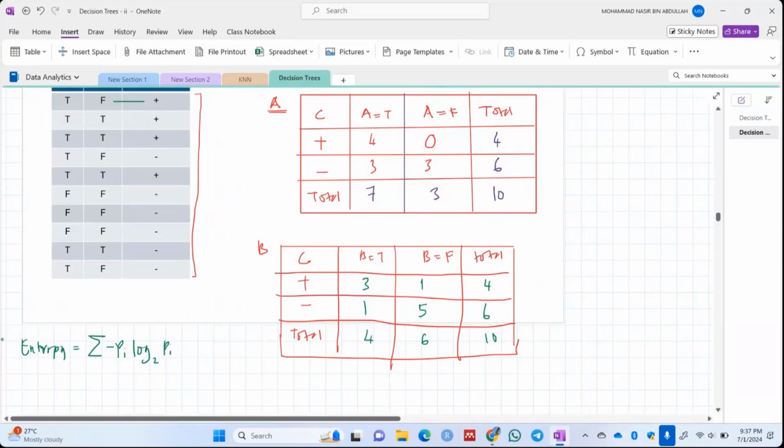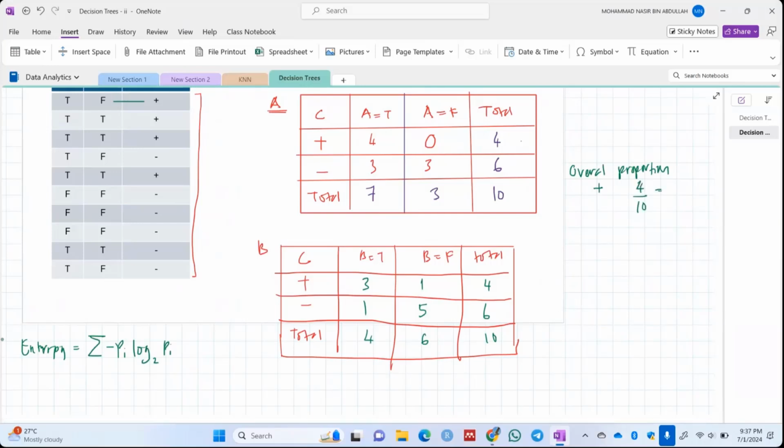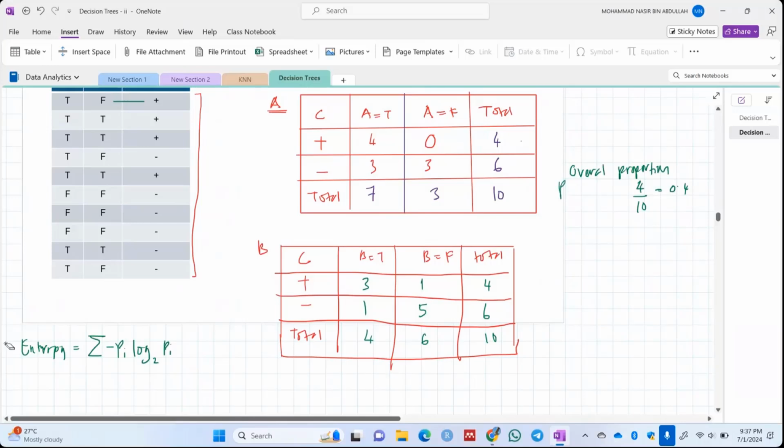So the overall proportion for positive we have 4 out of 10, which is equal to 0.4. This is proportion for positive. Proportion negative, we have 6 out of 10, which is 0.6.